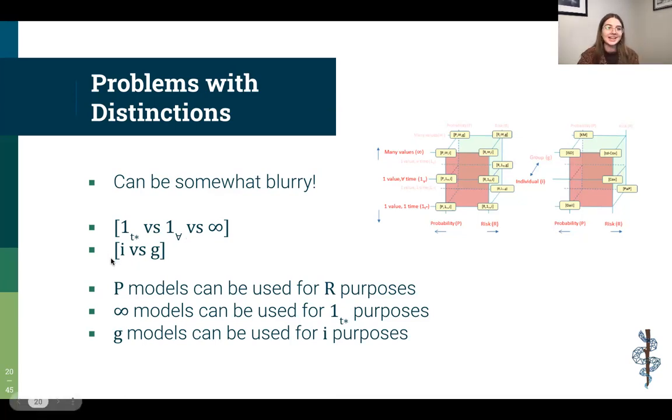Additionally, figuring out whether a model predicts for an individual versus a group: say you have a model that uses maybe 2 or 3 features to make these predictions. While that is technically on an individual level, generally that will be clustering patients into smaller groups, which then acts a little bit like those group predictions as well.